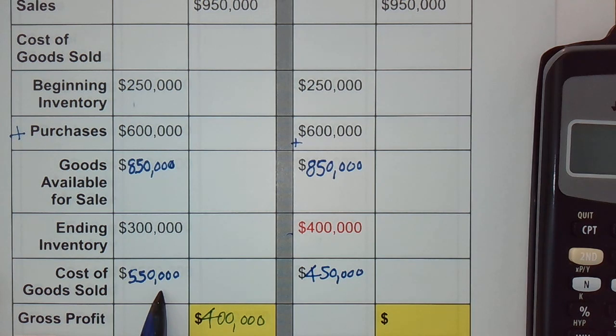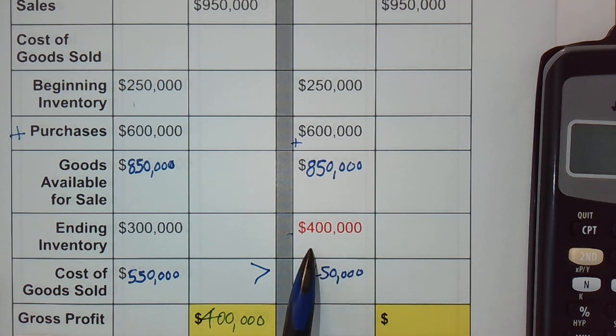Notice how that compares to the cost of goods sold when we did it correctly. Our cost of goods sold is less than our correct cost of goods sold. And if we think about that, that makes sense. If our ending inventory has been overstated, in other words, we double counted something, or counted or priced it wrong, we have too much in the ending inventory, there's more stated here than is actually there in reality, it looks like we sold less inventory.